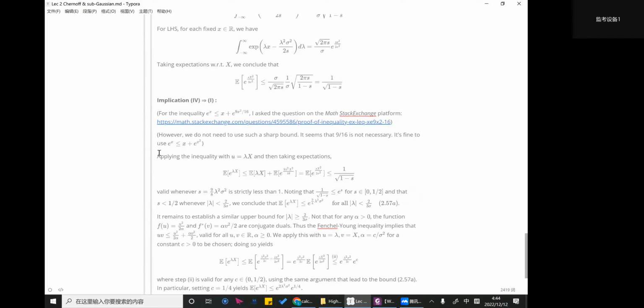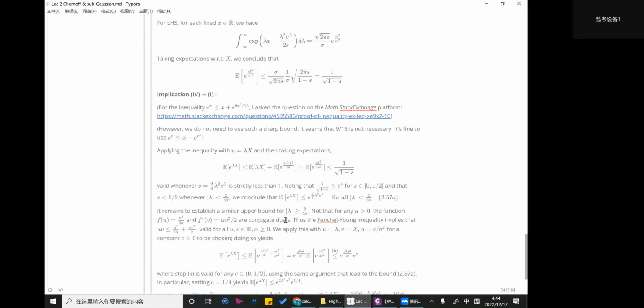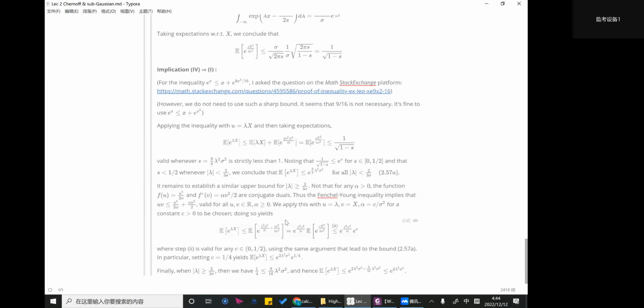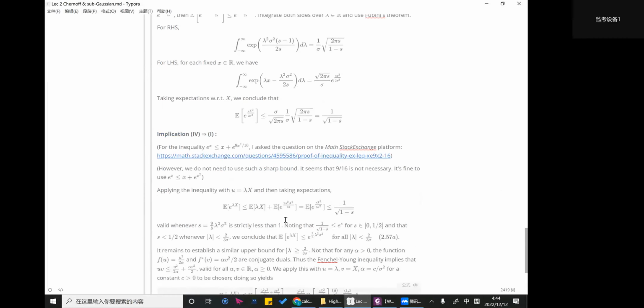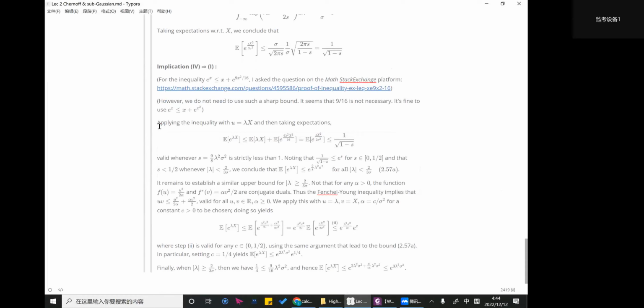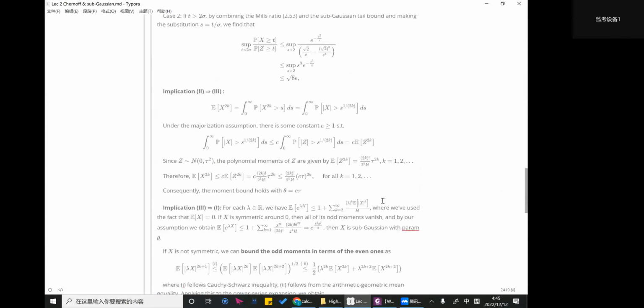So the author used this inequality. And of course, you divide the proof into different cases. One of the cases is very simple to prove, and another one needs some special design. It is somewhat more complicated.